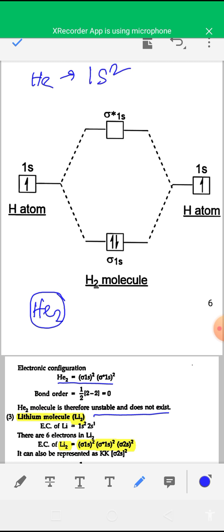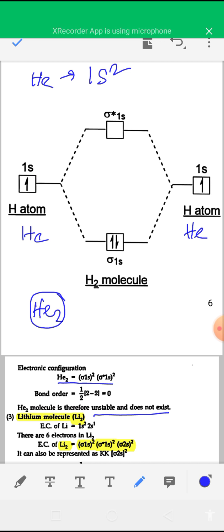Two helium atoms combine to form the helium molecule, so there are a total of 4 electrons.